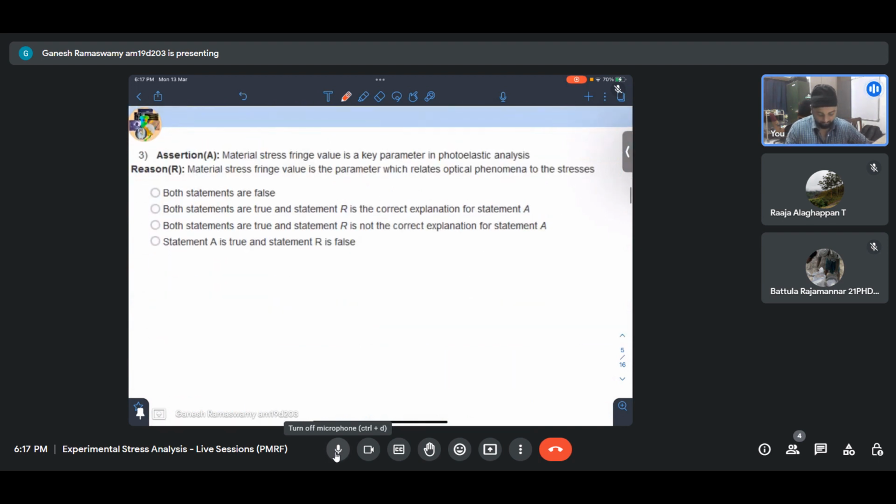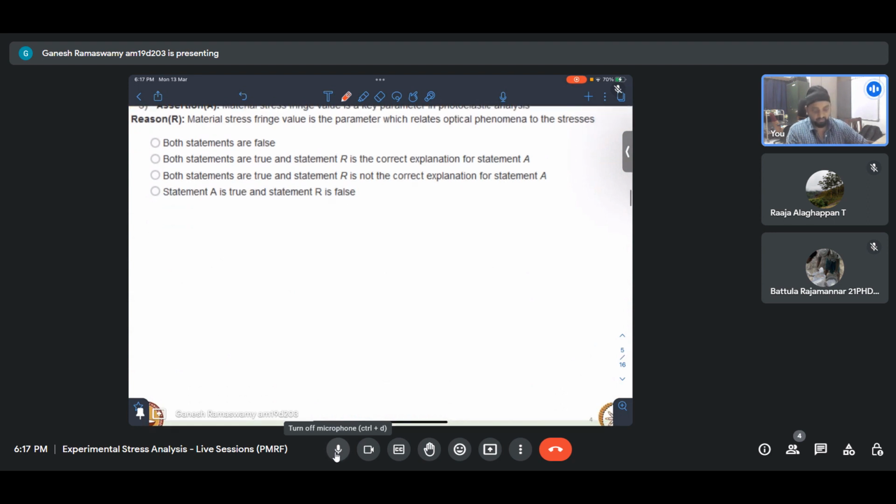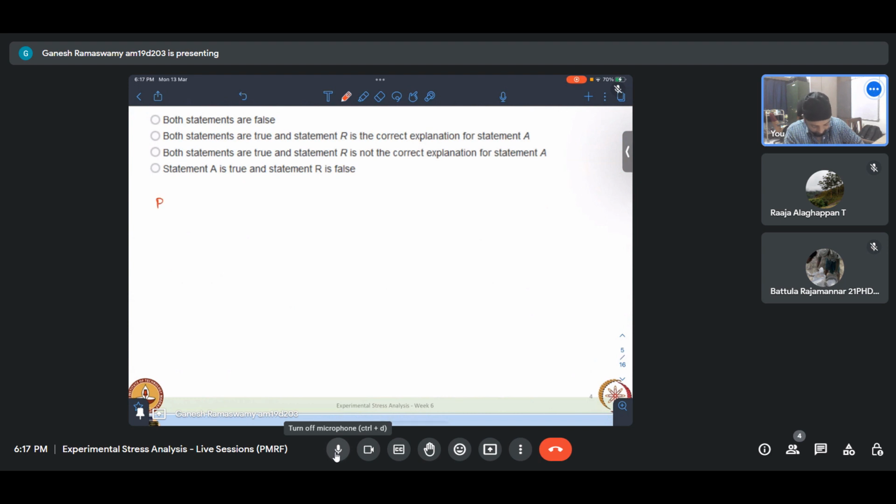So question number 3 says the assertion is that material stress fringe value is a key parameter in photoelastic analysis. Reason: material stress fringe value is the parameter which relates optical phenomena to the stresses. Yes, essentially photoelasticity, we know, is stress induced.